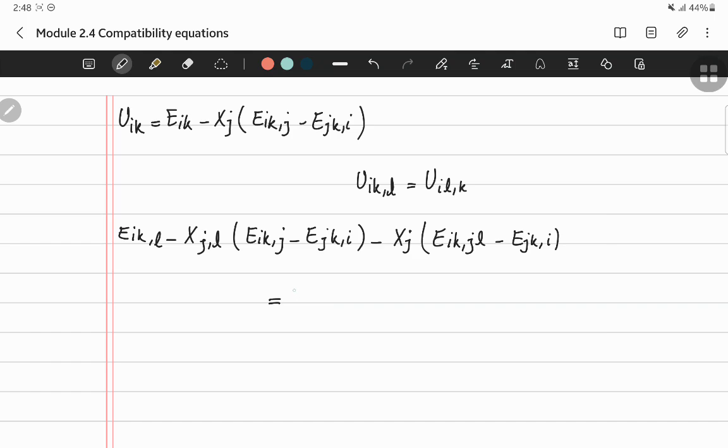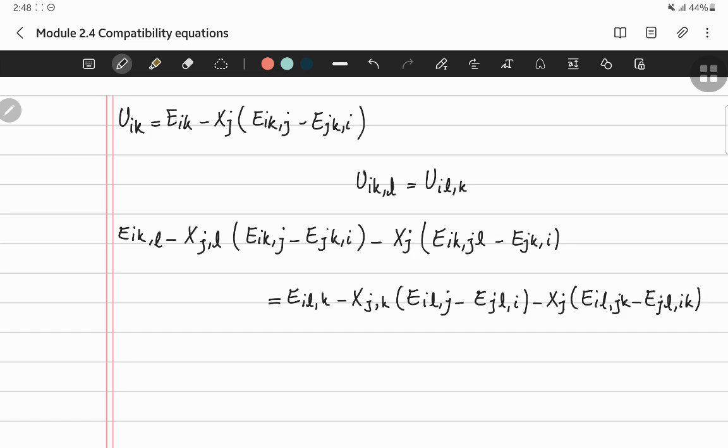So I have e_ilk minus x_j e_ilj minus e_jli minus x_j e_ilj,k minus e_jli,k.